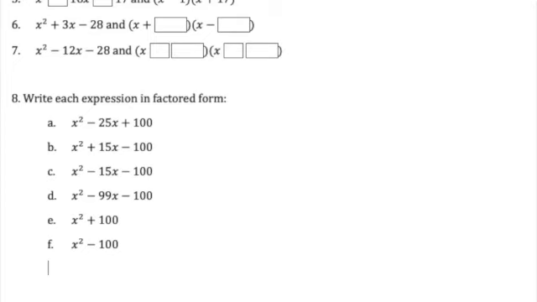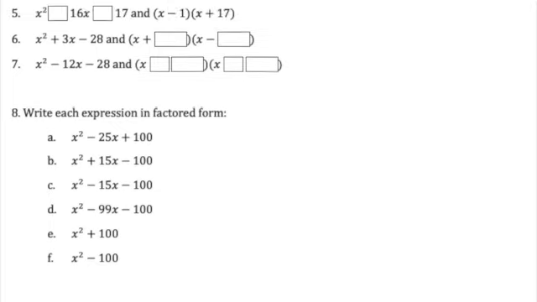So look at 4 through 7, just some fill in the blanks, what goes in these boxes. We want to make sure that we fill in the blanks so that each line has a pair of equivalent expressions.